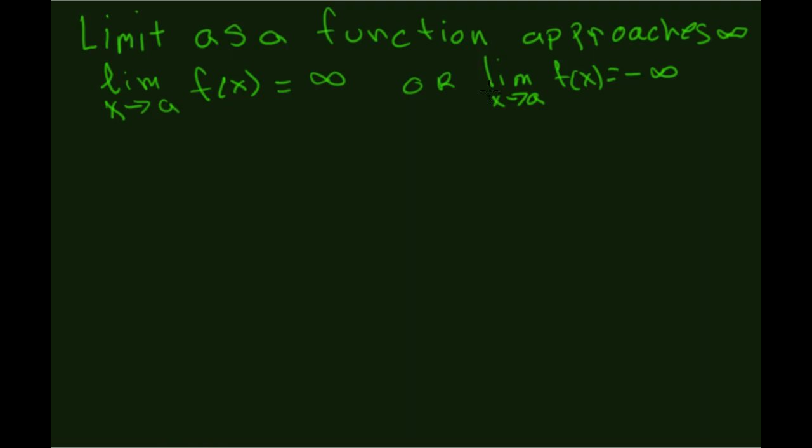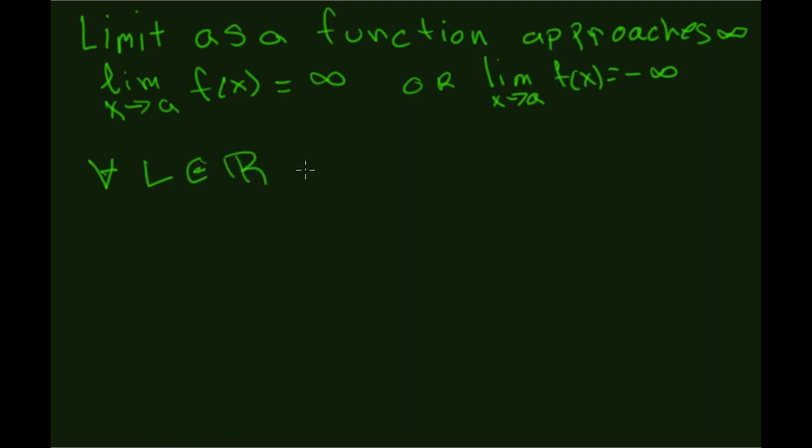You can also get a special case where you're doing both. X is going to infinity, then the function goes to infinity, and so forth. So in these cases, we have a for every L, which is an element of the reals.